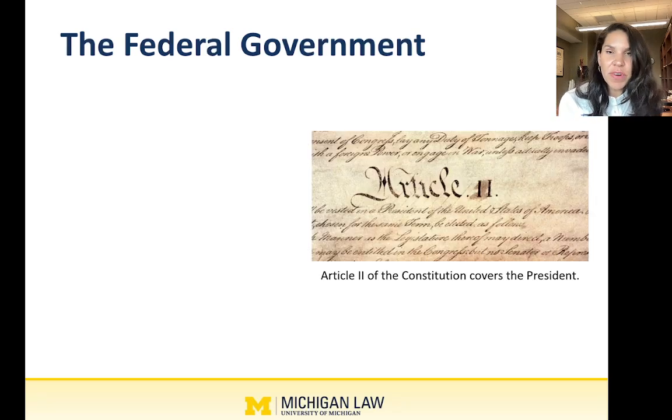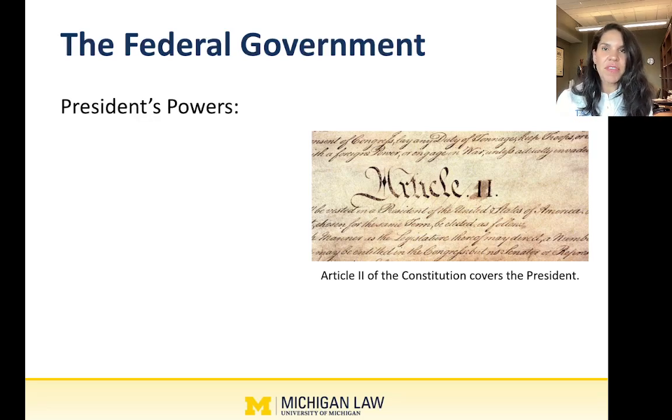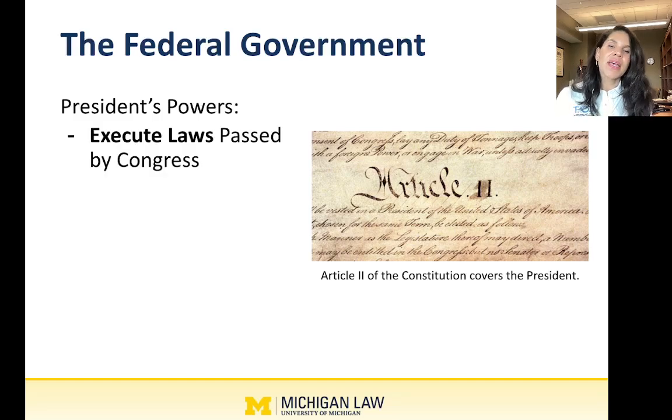The executive branch is described and given its powers in Article 2 of our Constitution. These are some of the powers enumerated to the president. The president has the authority to execute laws passed by Congress. So Congress can pass a law, for example, stating that every resident of the United States should get $5.